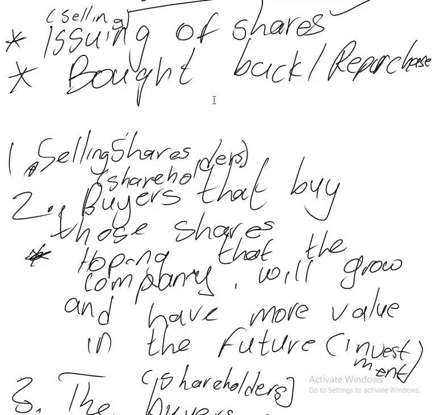So the buyers can buy the shares, but what has to happen first? The company has to sell the shares. Then the buyers will buy the shares, hoping that the company will grow and have more value in the future.